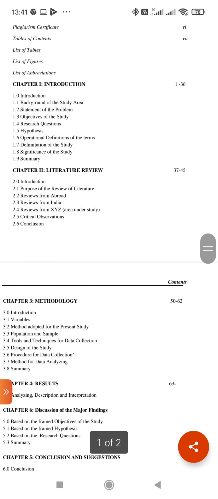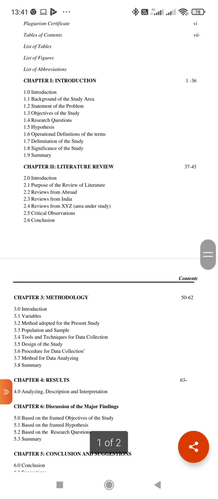Then switching to the next chapter, that is chapter 2. You can say review of related literature or literature review. So here you can see very clearly that this is chapter 2, and the numbering is 2.0, 2.1, 2.2 accordingly. So you have here the introduction, a brief introduction of what it is. Then the purpose of the review of literature.